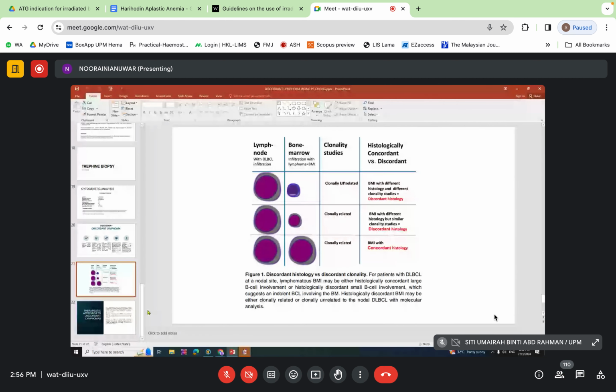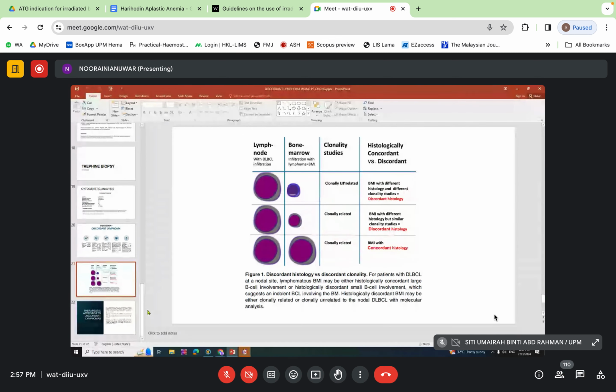So it's actually quite common. It is not a common thing happening, but common in the sense that in discordant cases, we often see a low-grade lymphoma in the bone marrow, whereas the lymph nodes show a high-grade lymphoma. The implication is that the low-grade lymphoma probably has been in the patient for some time.